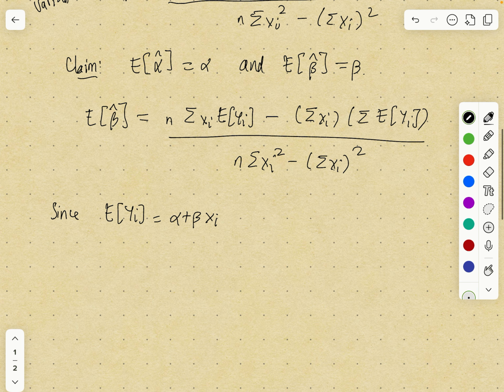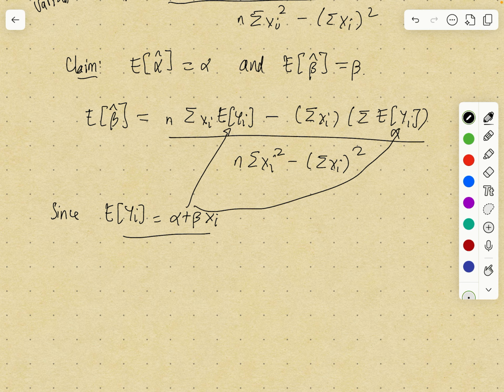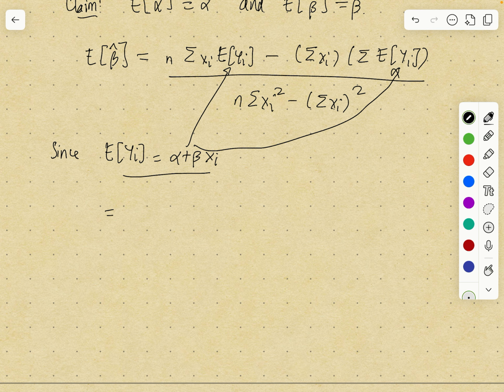So when you plug that in, you are going to get n times the sum of xi times alpha plus beta xi, minus the sum of xi times n alpha plus beta times the sum of xi.